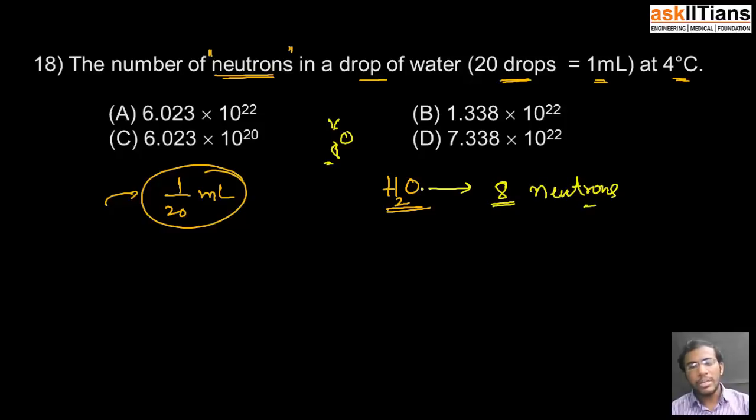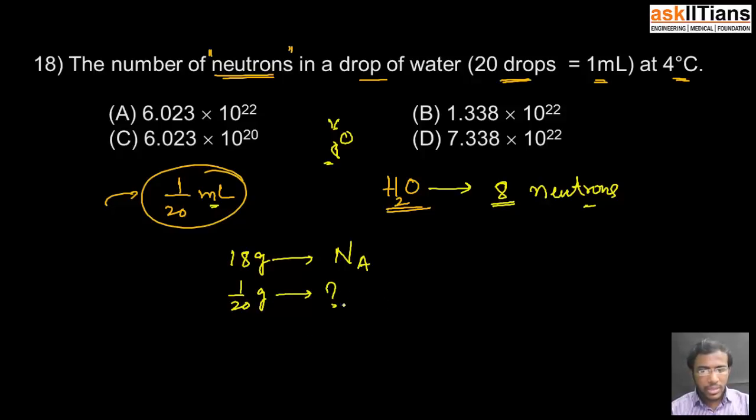So let's calculate how many H2O molecules we have in one drop. We know that 1 mole of H2O weighs 18 grams, so in 18 grams we have Avogadro number of H2O molecules. In 1 by 20 ml, 1 ml is 1 gram of water, so 1 by 20 gram contains how many molecules of water?